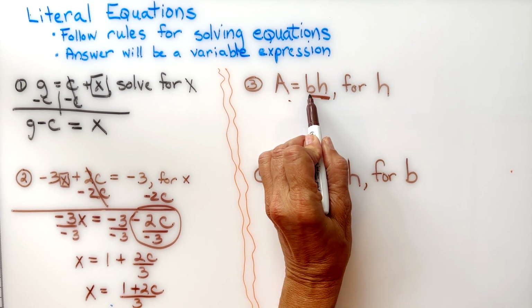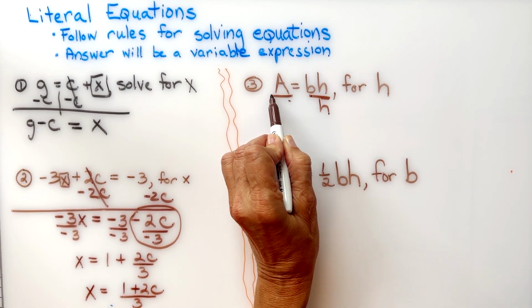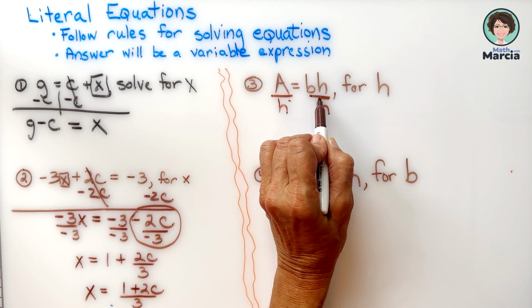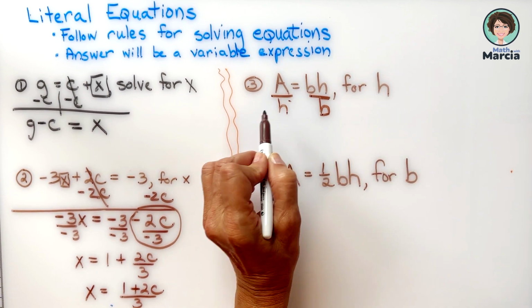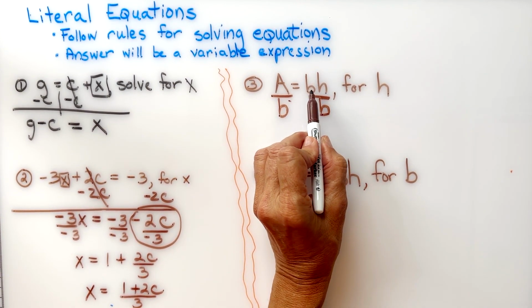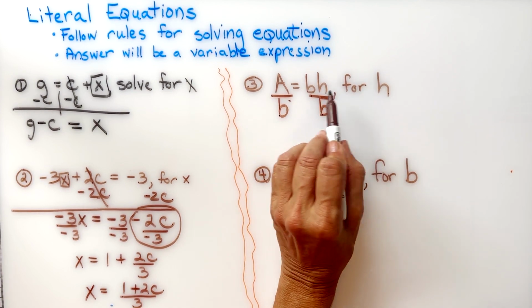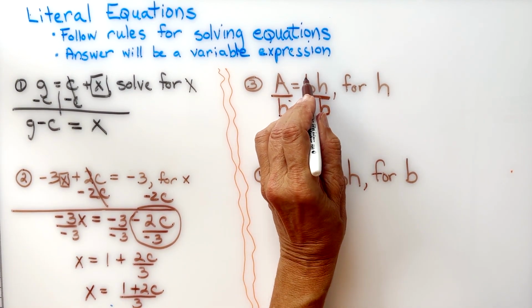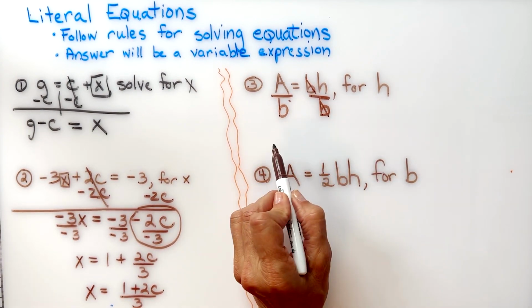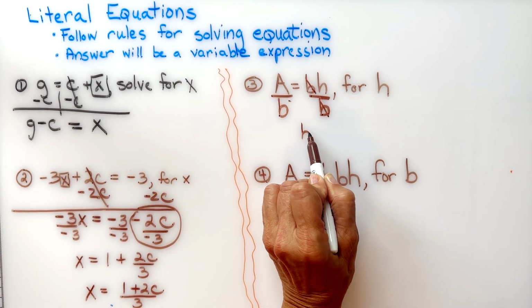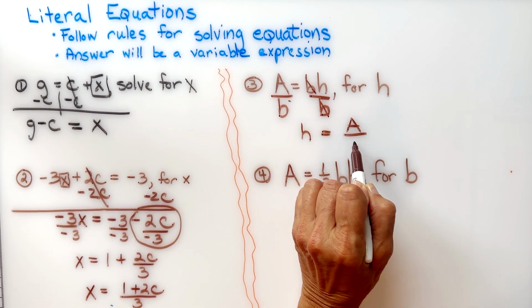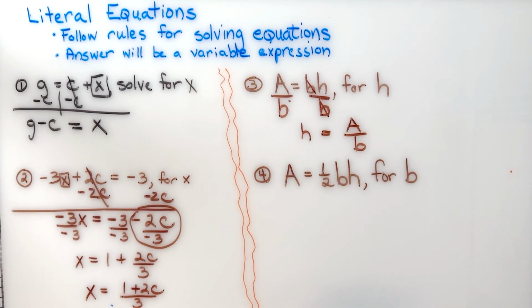So I'm going to divide both sides by B, because we want to get H alone. So the B's will cancel out, and I do get for my answer, H is equal to A over B.